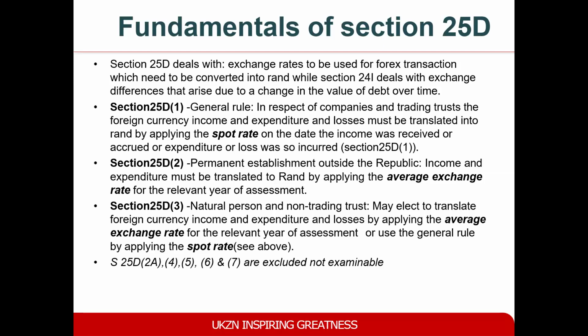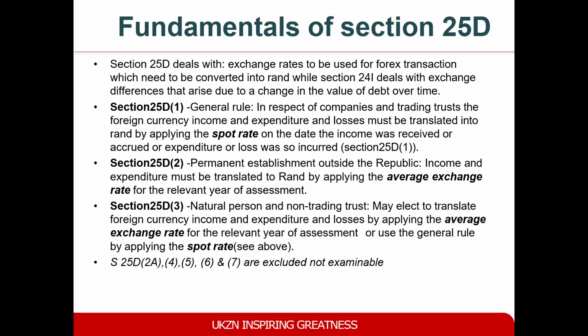So section 25D1 deals with the general rule, that says all the companies that are trading should take into account the foreign currency income and expenditure, and it must be translated into a rand by applying a spot rate on the date the income was received or accrued, or expenditure or loss was incurred. This is the very important principle.